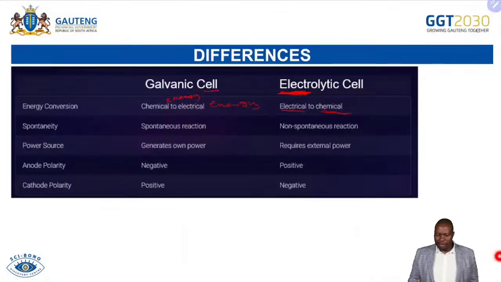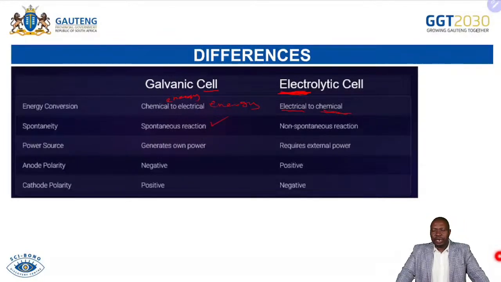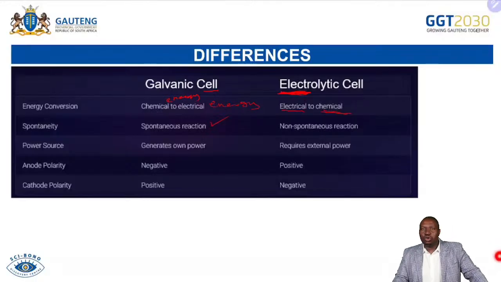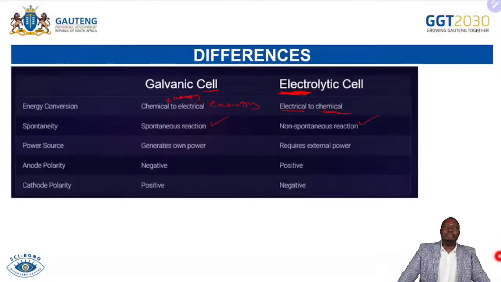Now, spontaneity. To say this galvanic cell, it is a spontaneous reaction. I want to talk to that one first, and then I will come and talk to electrolytic cell being a non-spontaneous reaction. What is the meaning of that?